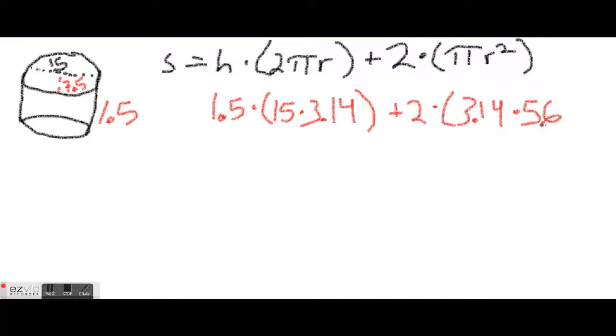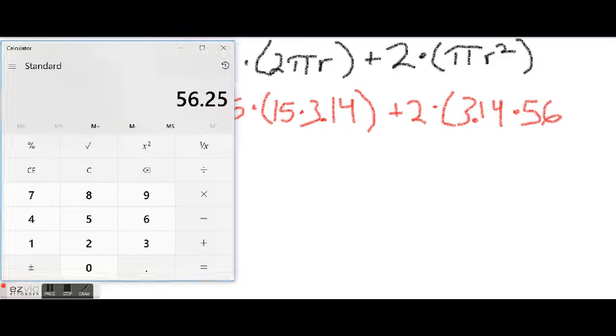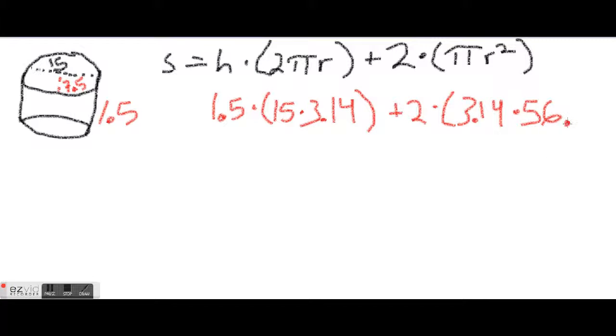All right, now let's go ahead and simplify. So you have 1.5 times, let's do that, 15 times 3.14 equals 47.1.